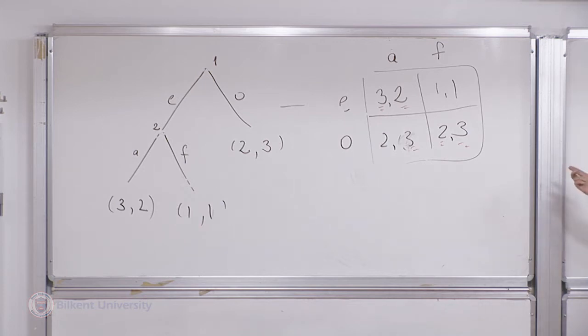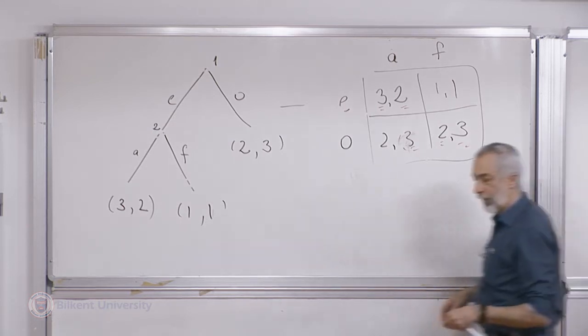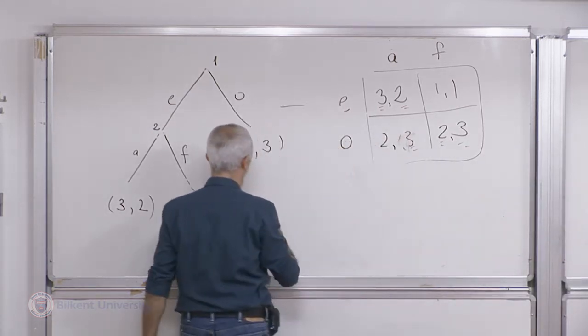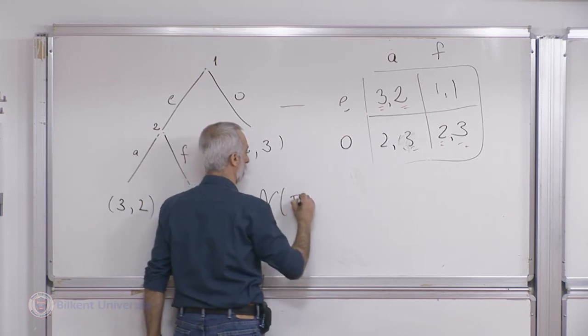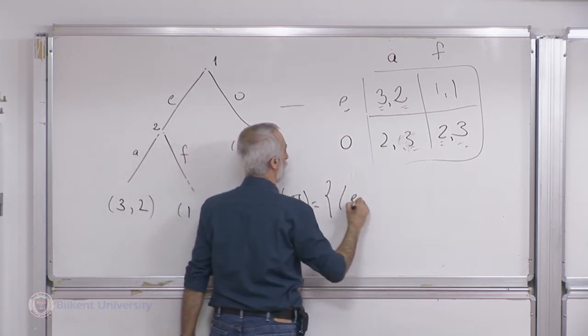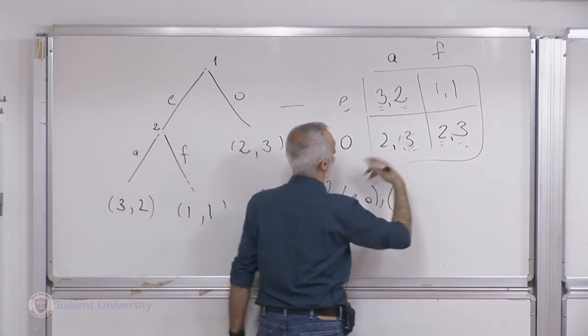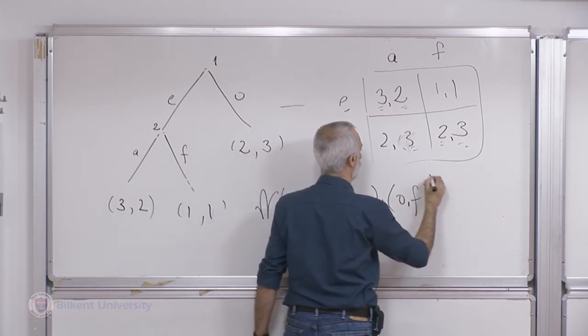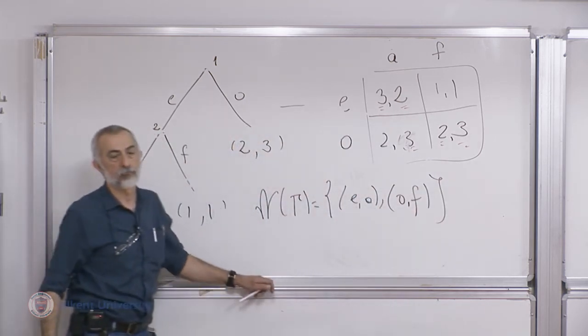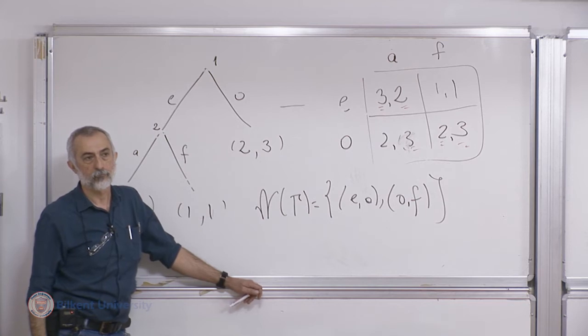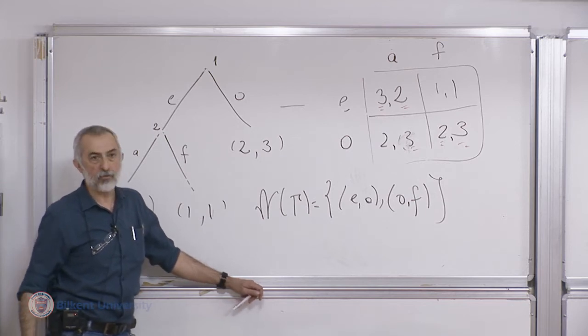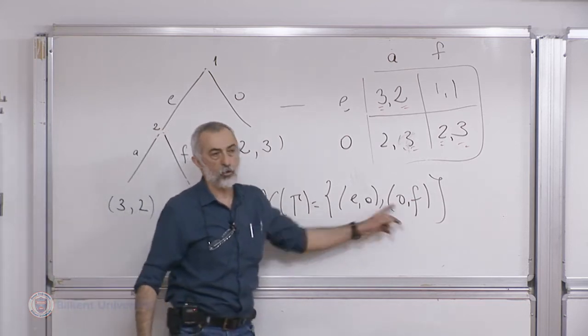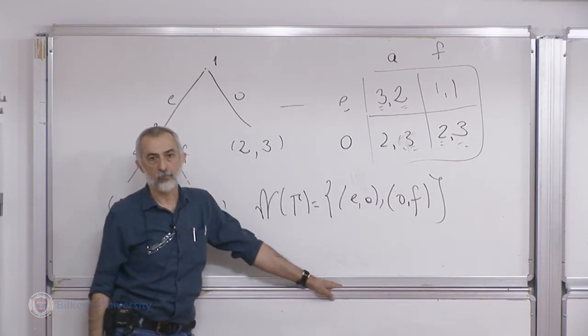And actually, there are 2 Nash solutions. Okay? So the Nash solutions of this game are EA and OF. Okay? So I would predict that one of these 2 will be realized.